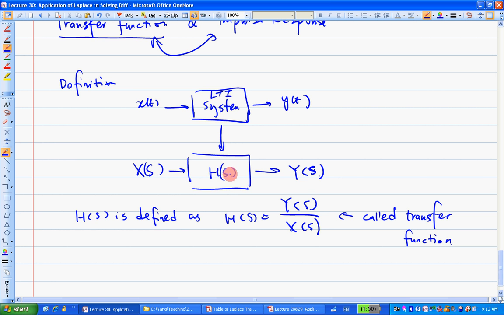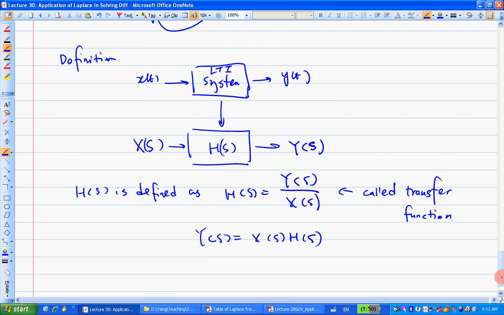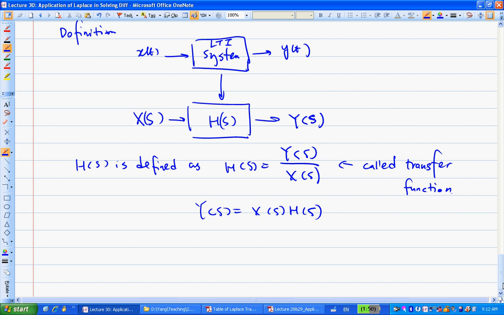You give the input to H of s, and my output will be the input multiplied by the transfer function. That's the importance of the transfer function. Next, I'll show you how to obtain the transfer function. Very simple.